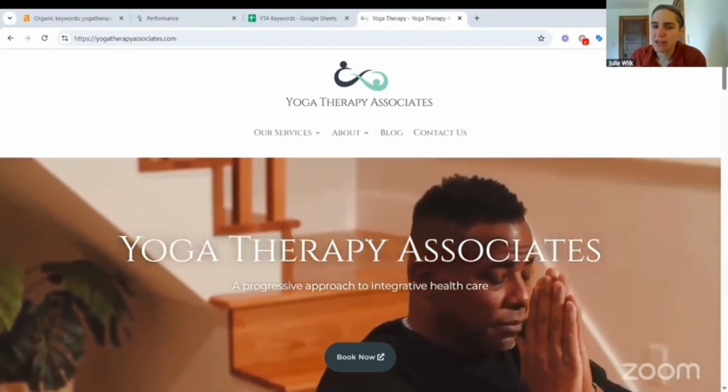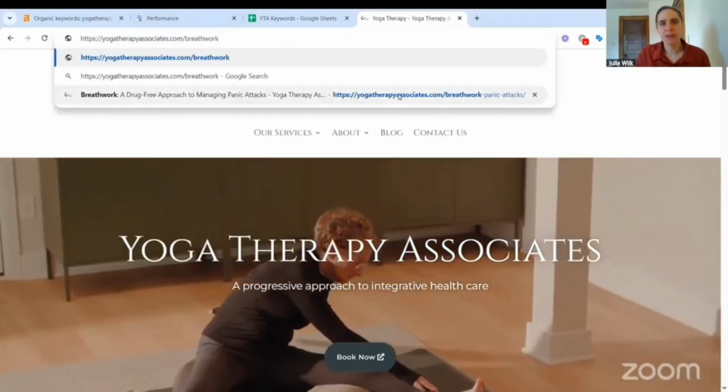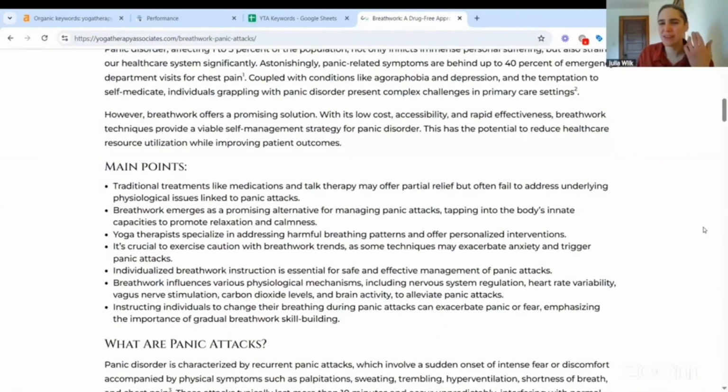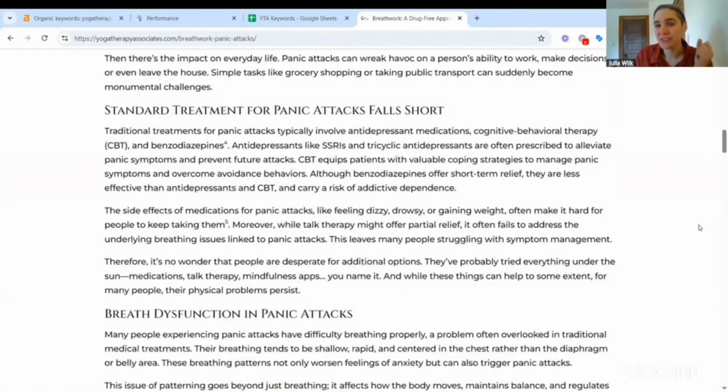I looked at the breathwork panic attacks one, which has a really clinical vibe. That isn't necessarily a bad thing if you're trying to demonstrate expertise and professionalism. And maybe the research deep divers actually like that because you want to talk to them at their level.